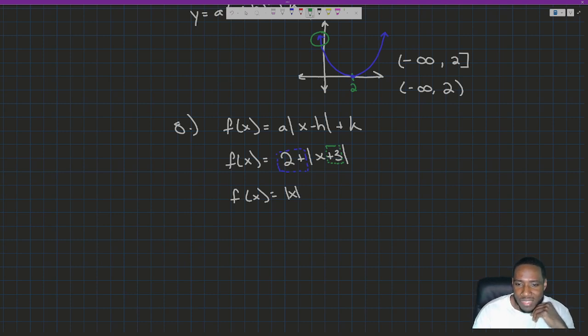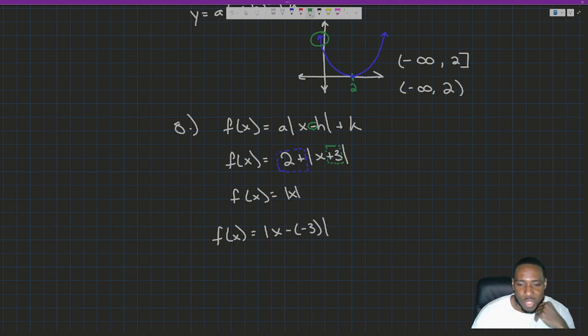And the reality is that's going to move our graph left to right. And that's going to function opposite to what you would expect. So if you see plus 3, what you should recognize is there should be a minus there by default. And so what you're actually seeing is a little closer to this. Okay?